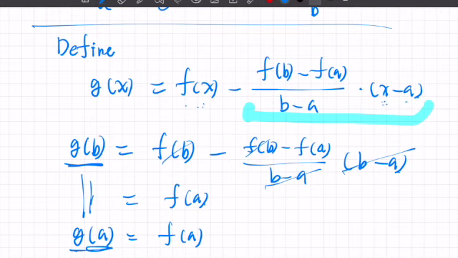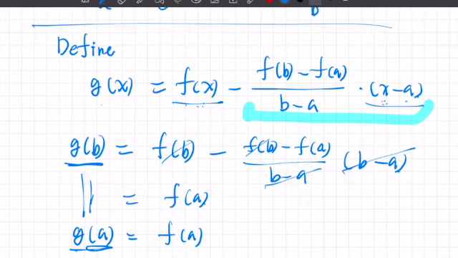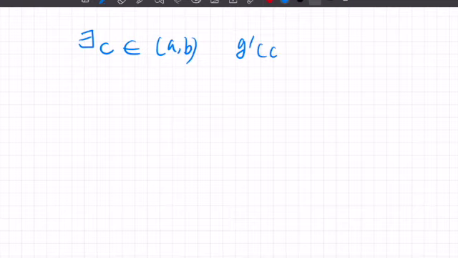And of course, by the way g of x is defined, it is continuous and also differentiable, because f of x is differentiable and this linear function is differentiable. Therefore, we can apply Rolle's theorem, which states that there exists some c between a and b such that g prime of c is equal to 0.